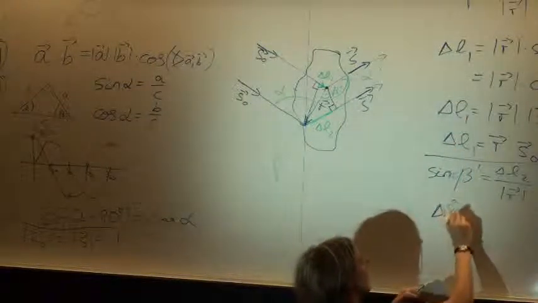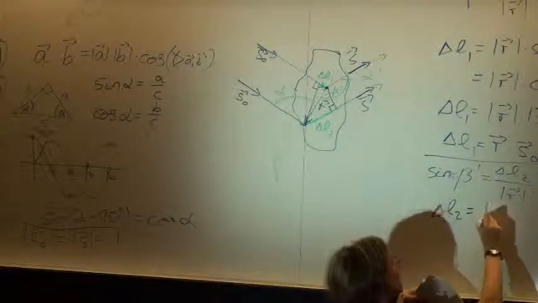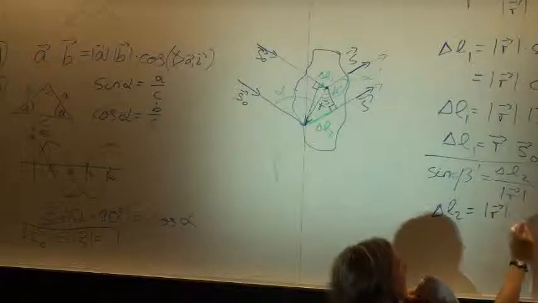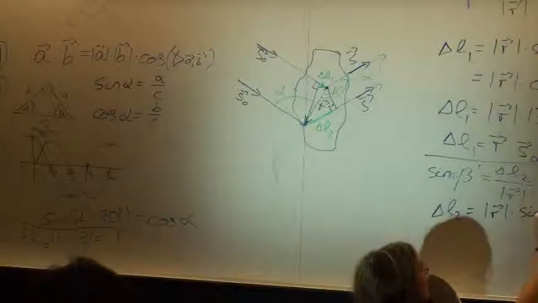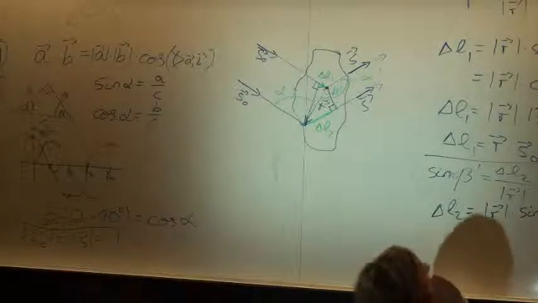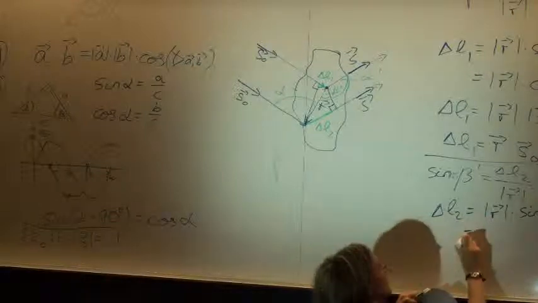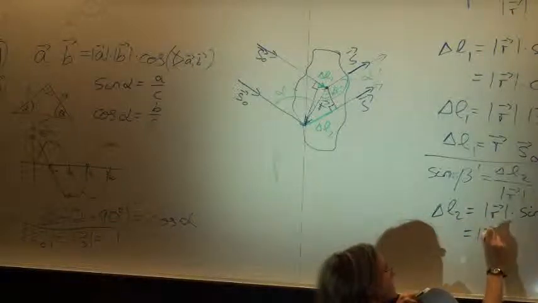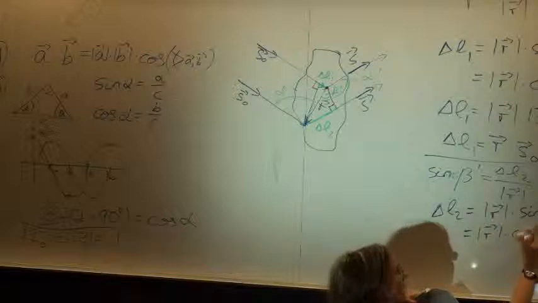And we get delta L2 is equal to R times the sine of alpha prime minus 90 degrees, right? Because once again, these two angles are related by that. And as we previously figured out, that means I can write the cosine.